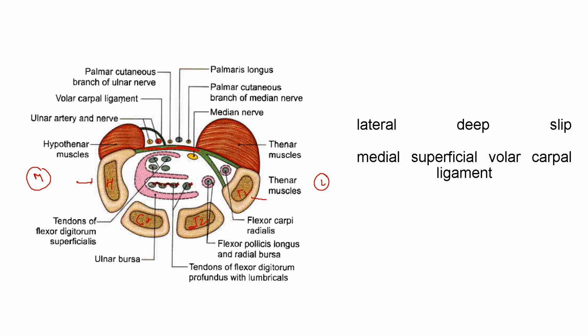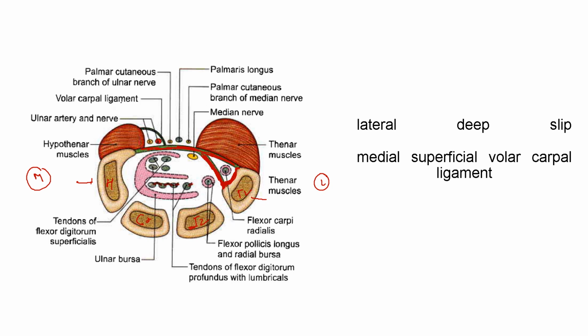On the lateral side, it gives a deep slip that attaches to a groove in the trapezium, which is bounded by the lateral and the medial crest. This deep slip attaches on the medial lip of the crest of the trapezium.